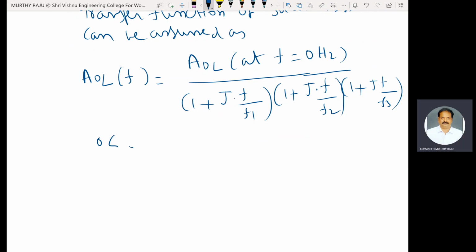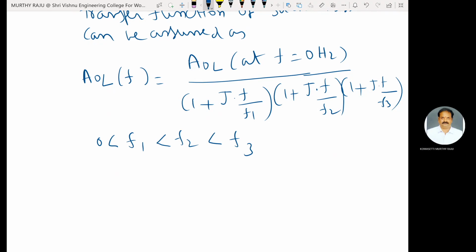That means 0 less than f1, f1 less than f2, f2 less than f3, where f1, f2, f3 are the poles of this open loop gain frequency dependent transfer function AOL of f.